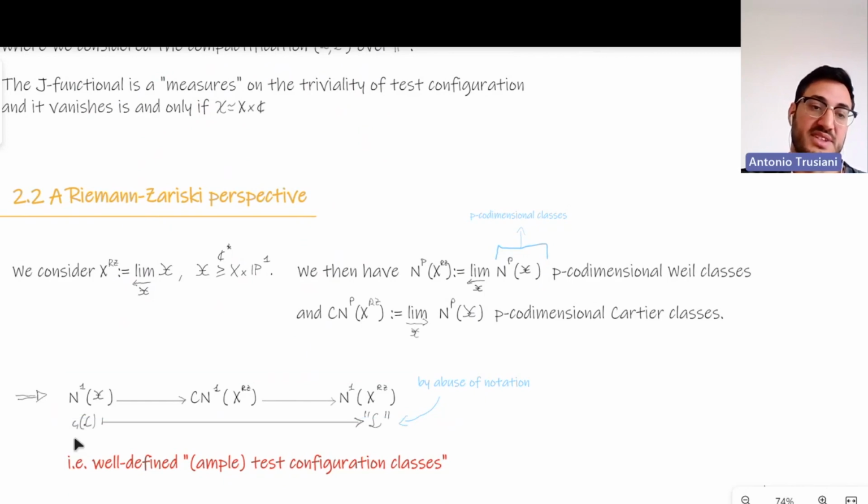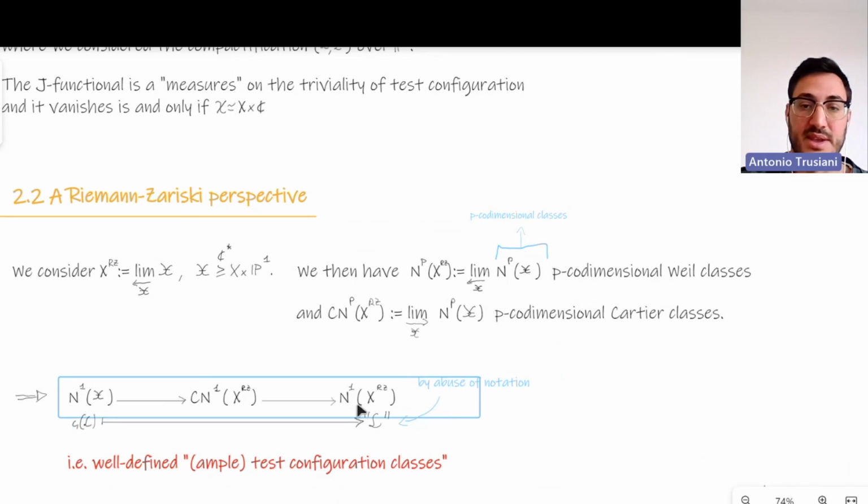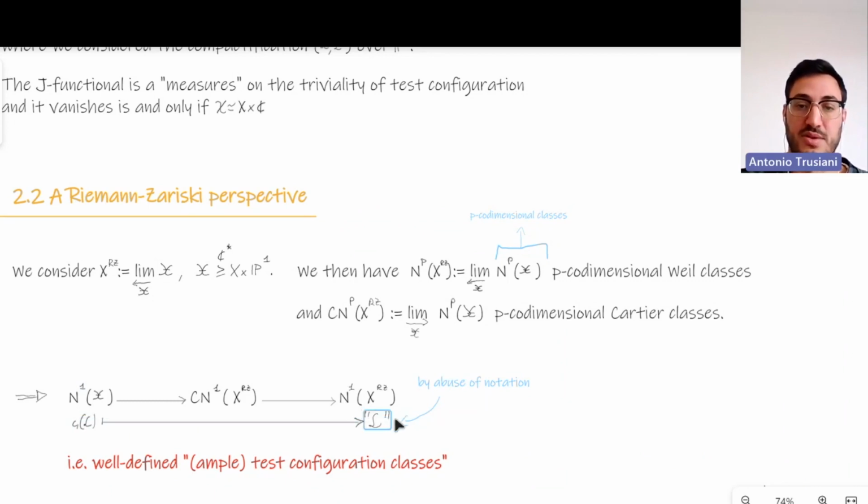But for our purpose, it's important to say that we can associate to the first Chern class of L, where L is a test configuration, an embedding in the codimension-one Weil classes in this Riemann-Zariski space. By abuse of notation, we denote it by L. So the point is that we change perspective.